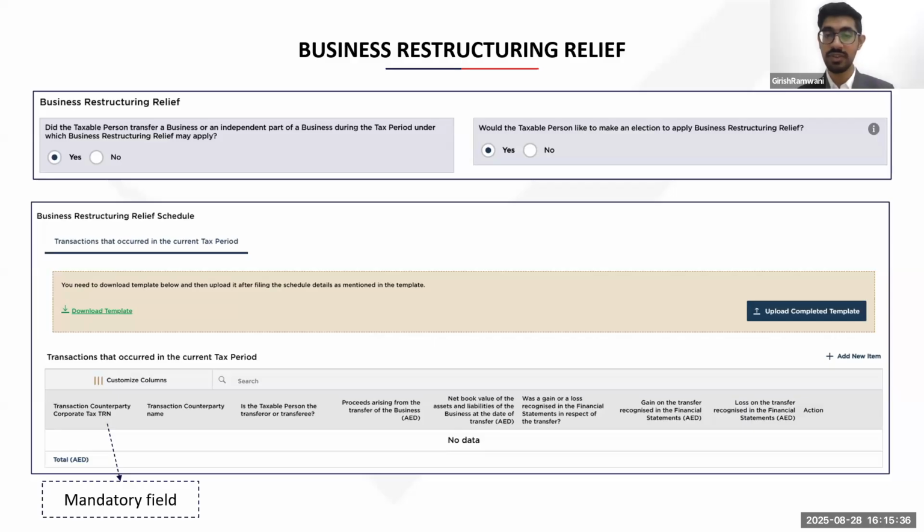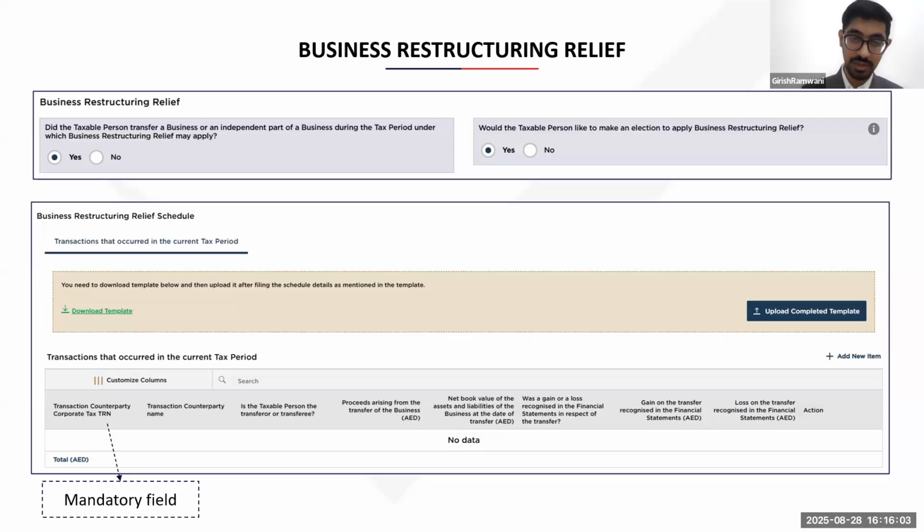What have been the proceeds and the net book value, and the resultant difference, the gain or loss that was recognized in your financial statements that you would want to exclude. Whether this gain or loss was recognized in financial statements or not is also important to be reported, and then the amount of such gain or loss is going to be excluded while computing your taxable income. So this is the fifth election option which has been provided.